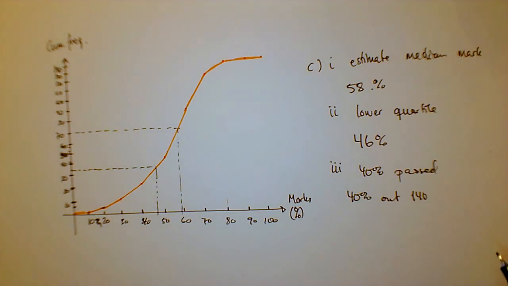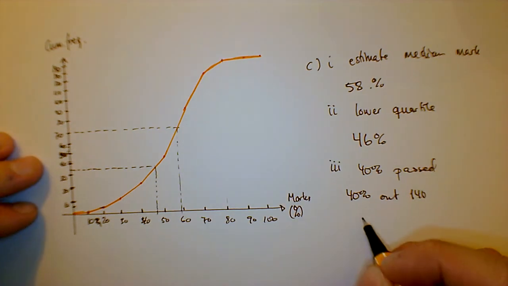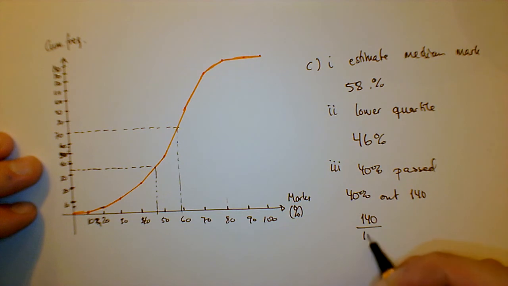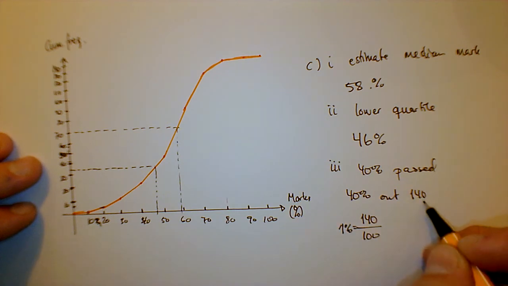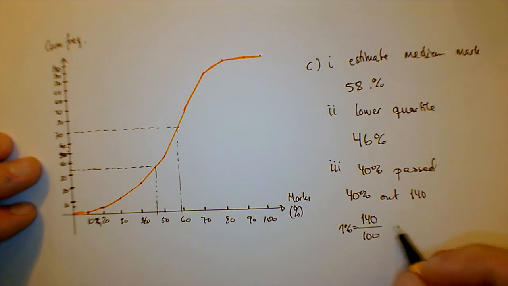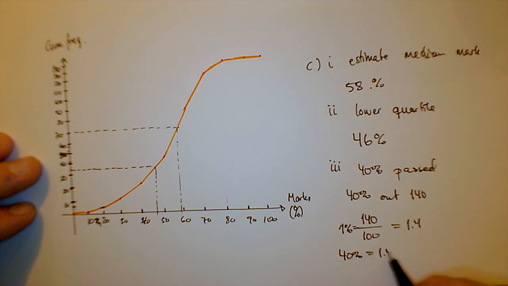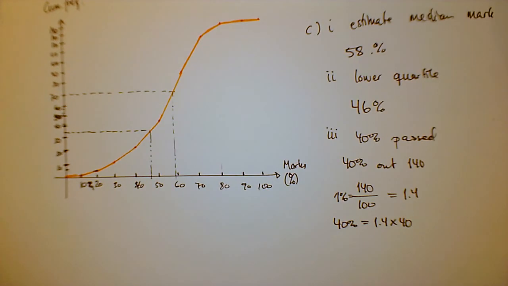We take 140 and divide that by 100, then we get 1%, because 100% is 140. So 1% is 140 divided by 100, which gives us 1.4. Then 40% is equal to 1.4 times 40. And that should give us 56.